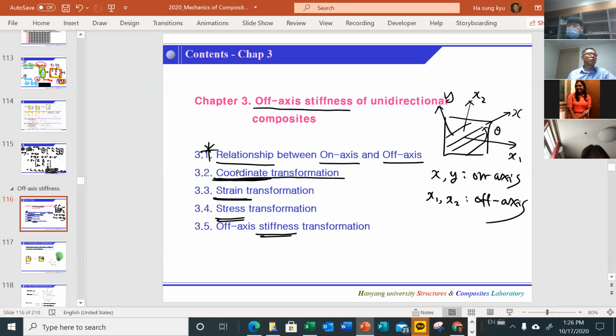The coordinate transformation is similar to vector transformation. In terms of order, a vector is a first order tensor, strain and stress are second order tensors, and stiffness is a fourth order tensor. Tensor may sound strange to you, but understanding coordinates is important to understand the order of the tensor.